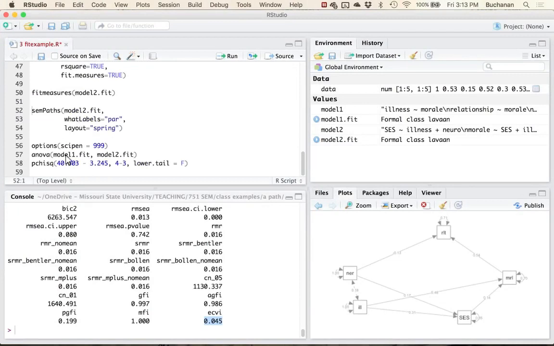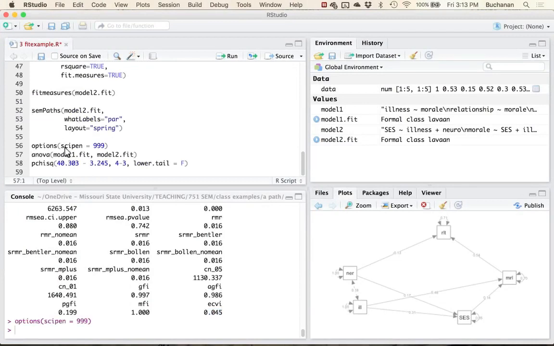So the first thing I did is I turned off scientific notation. This code option, scipen equals 999, will turn off scientific notation just so that you can see these p-values a little better. I took pchisq, so this is going to calculate the p-value given these chi-square statistics.